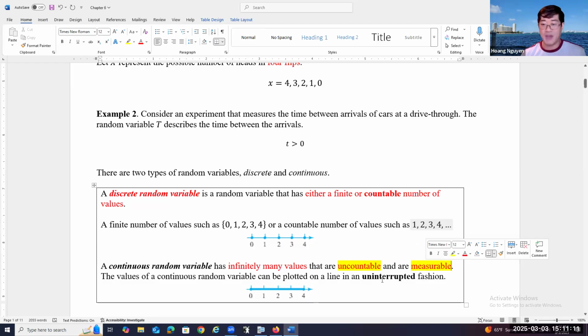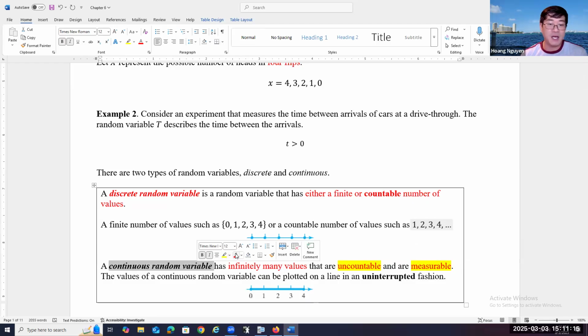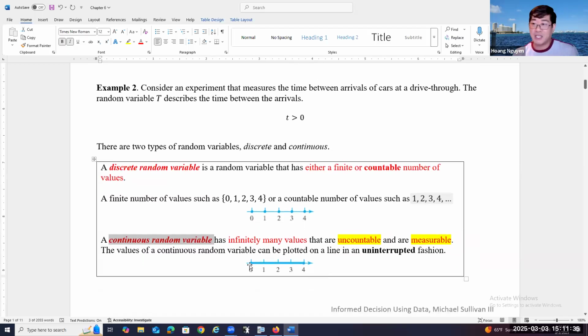The values of a continuous random variable can be plotted on a number line in an uninterrupted fashion. An example of a continuous random variable is any number from zero and more.